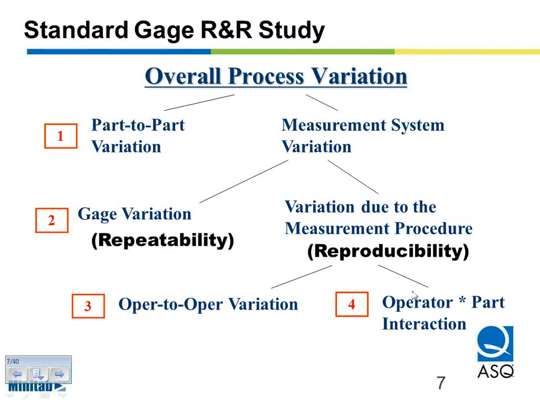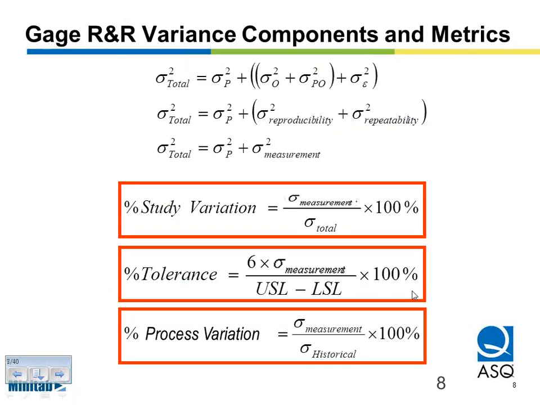Now, we never really see those standard deviations. Here we see some equations around those variance components. Once again, the breakdown of the total variability, the chart that you saw earlier, which is a good overview of what a gauge R&R does, we would summarize mathematically by simply saying that the overall variation is the sum of the variation from the parts, the operator, the gauge repeatability, and the operator by part interaction.